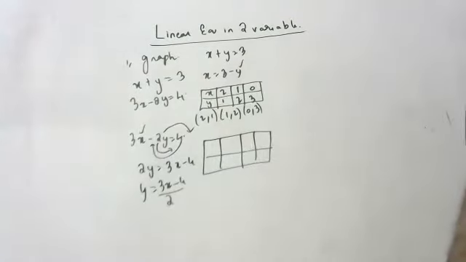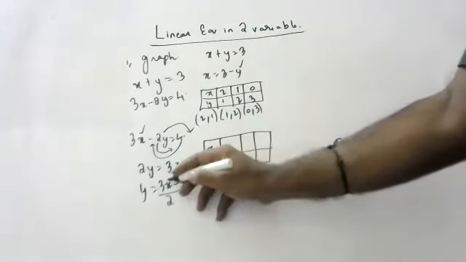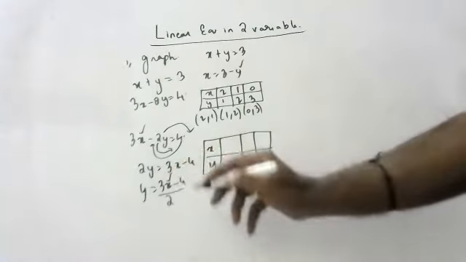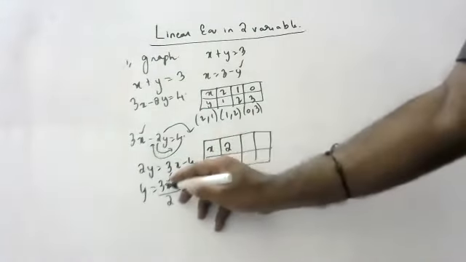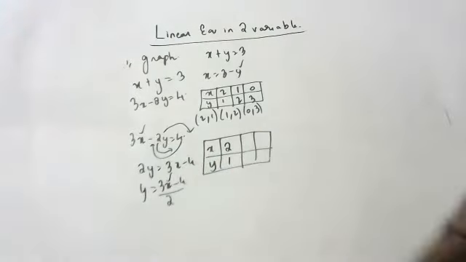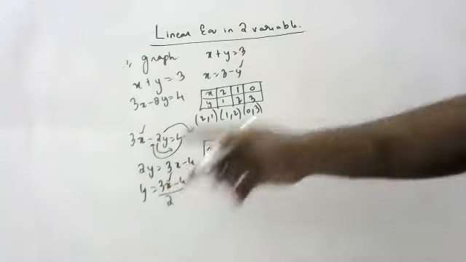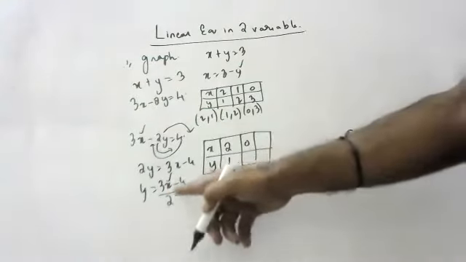Just see, children, here. x, y. Suppose I put x is equal to 2: 3 twos are 6, 6 minus 4 is 2, 2 by 2 is 1. Suppose I put x is equal to 0: minus 4 by 2, how much?